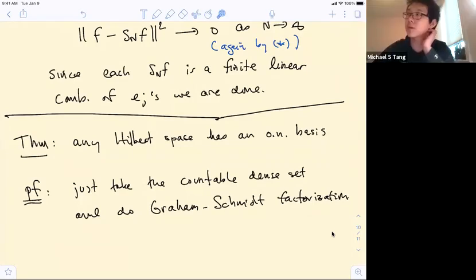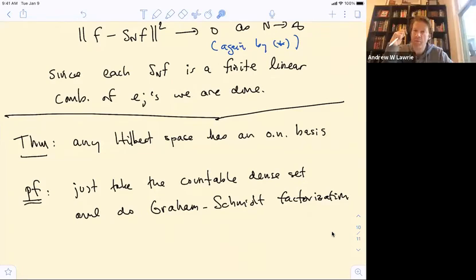Well, this isn't quite the same definition of basis as in linear algebra. We're only asking for a countable orthonormal family whose finite linear combinations are dense.